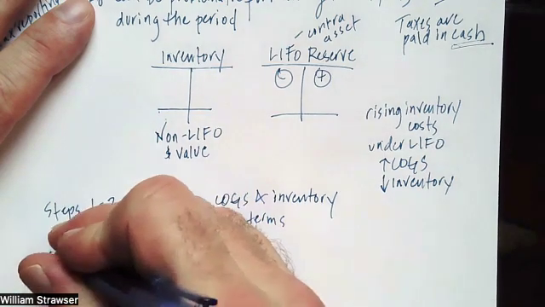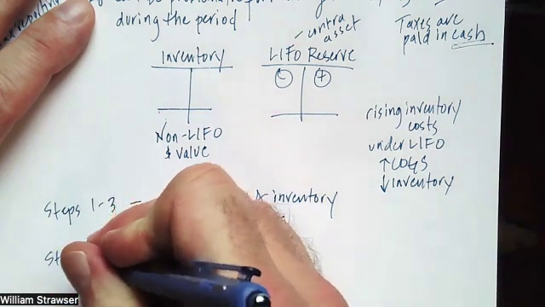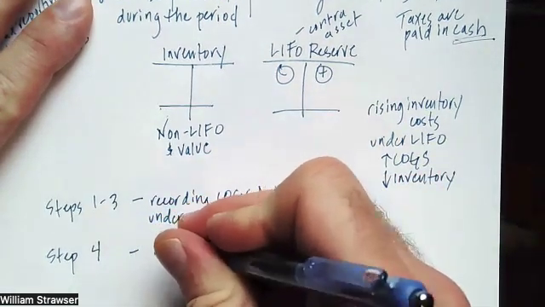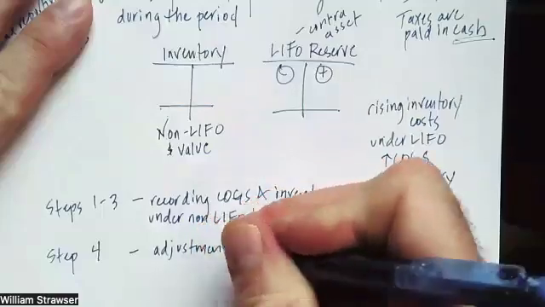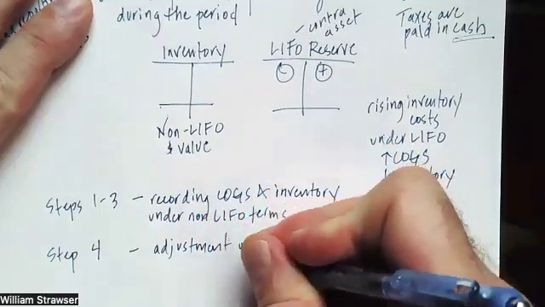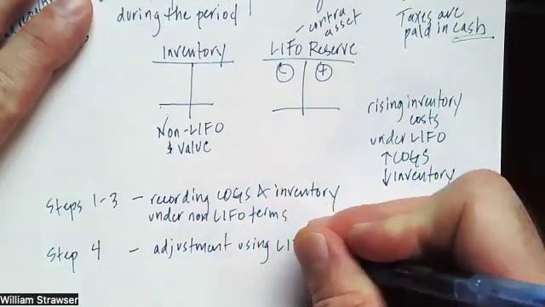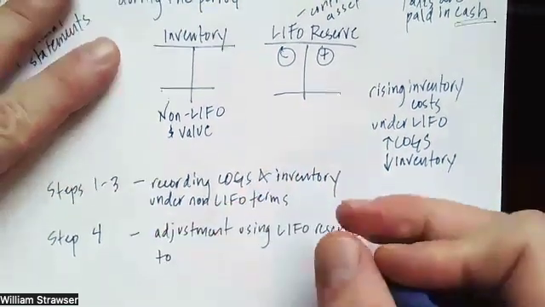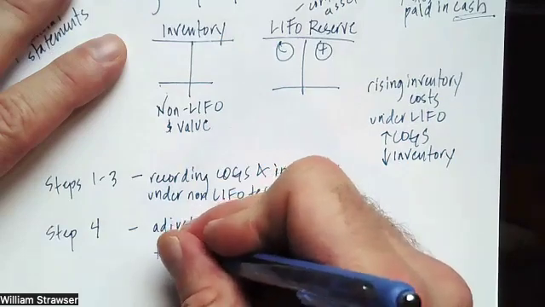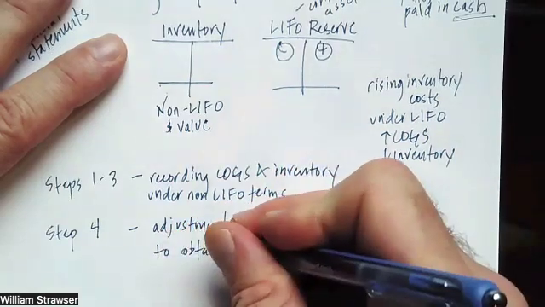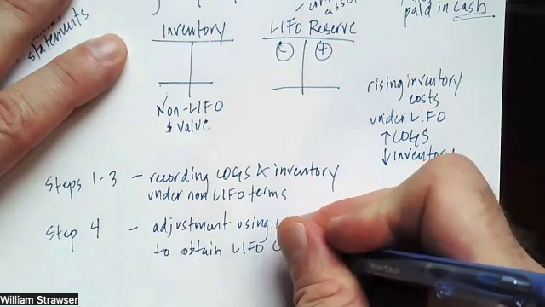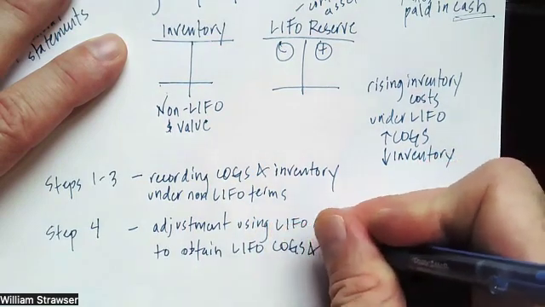And then in step 4, for adjusting entries, we make an adjustment using the LIFO reserve to obtain LIFO COGS and inventory.